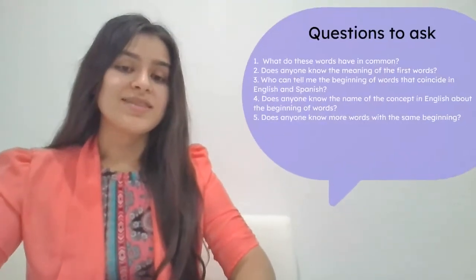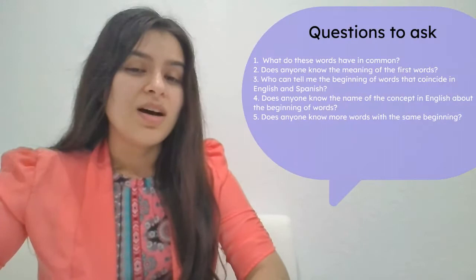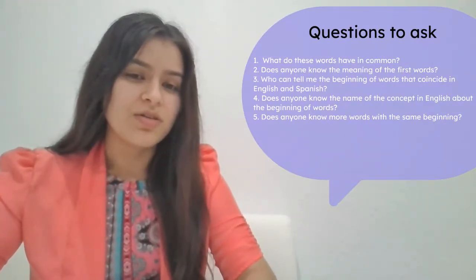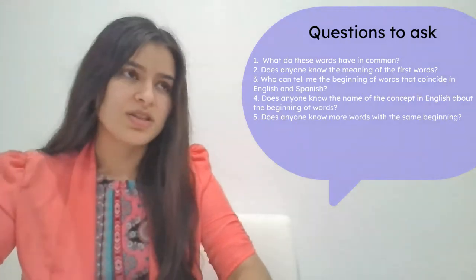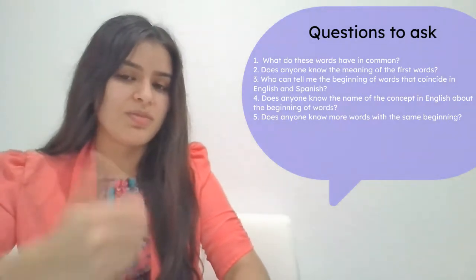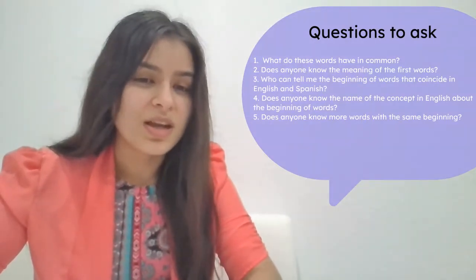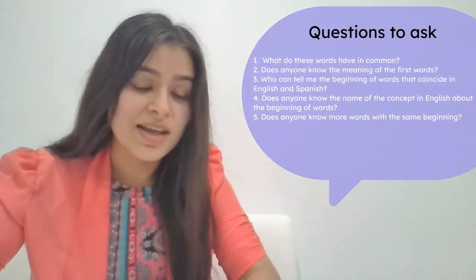Questions that you can ask are: one, what do these words have in common? Two, does anyone know the meaning of the first words, which is basically a prefix? And three, who can tell me the beginning of the word that coincides in English and Spanish?